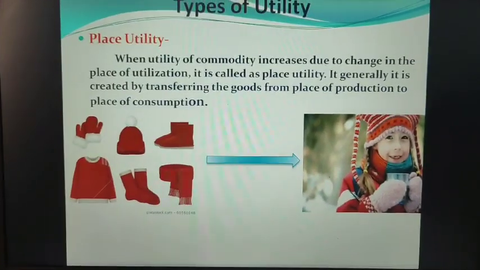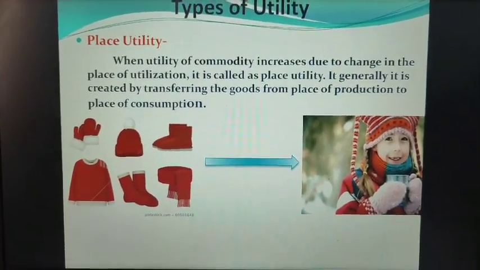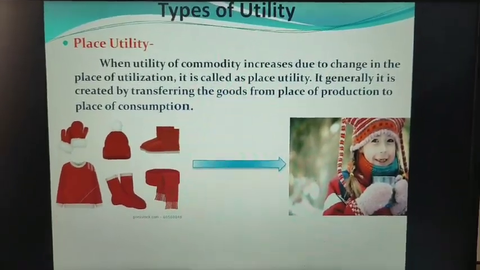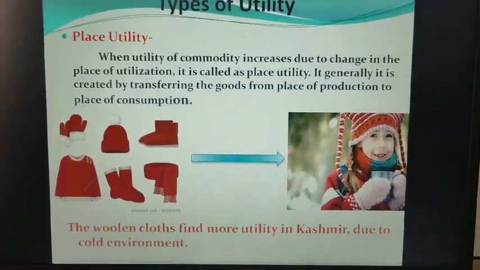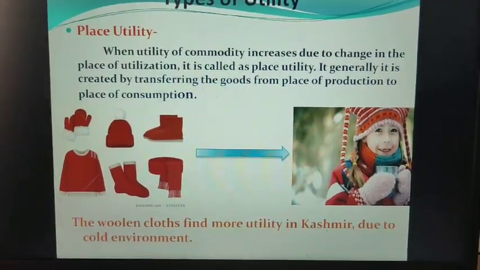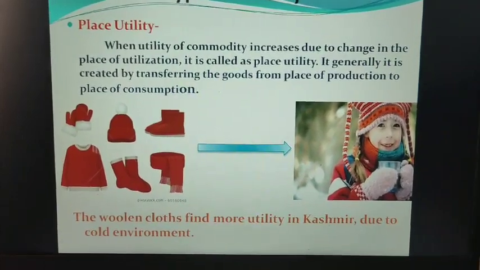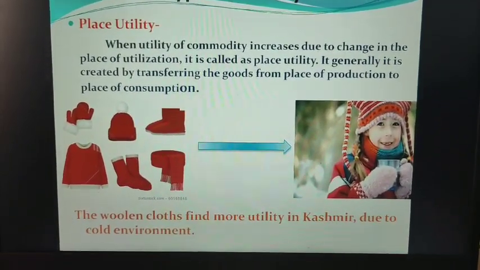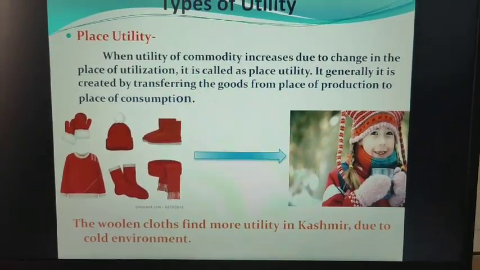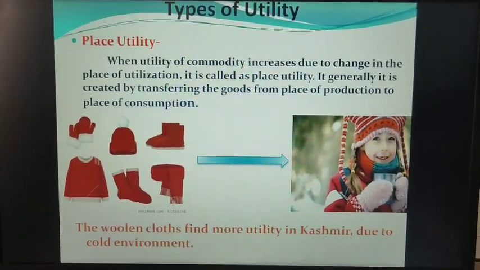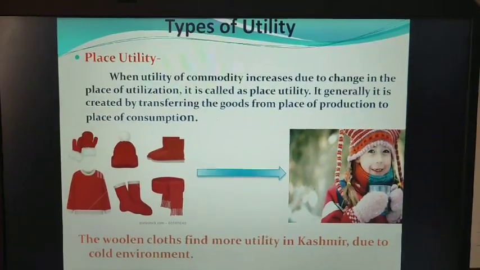So why am I getting more utility out of woolen clothes? Because I have changed the place of its utilization, right? So woolen clothes find more utility in Kashmir. Why? Due to the cold environment. With the change in place, I am getting more utility. Okay, so this is one of the most important forms, place utility.